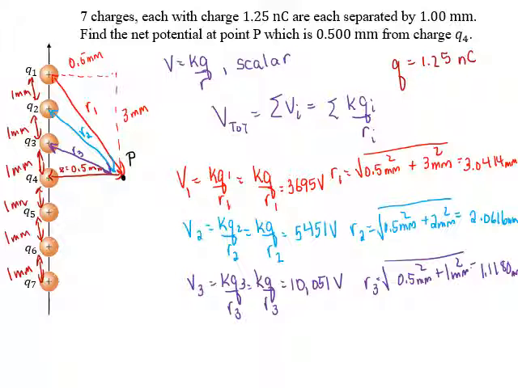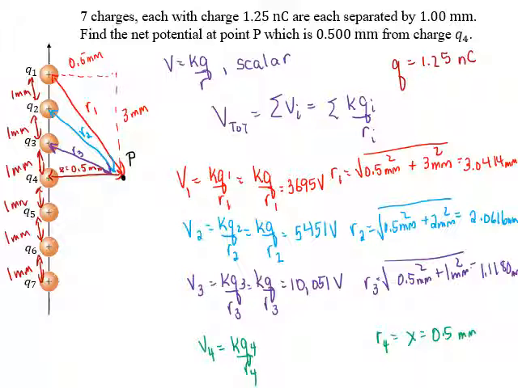So my Q4 has a potential associated with it, V4, K times Q4 over R4. R4 is the distance between my charge and my point. So R4 is just equal to x equals 0.5 millimeters.